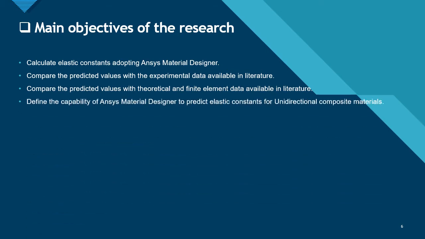And finally, we will try to understand how well Ansys is predicting those elastic constants for unidirectional composite materials. One thing we must notice here is that when we are talking about error percentage, of course the experimental data will be used as the standard.